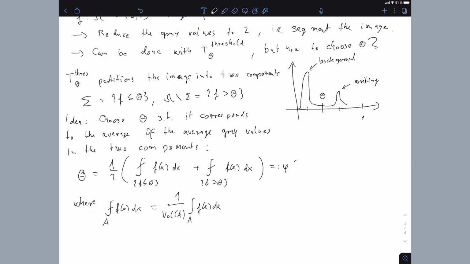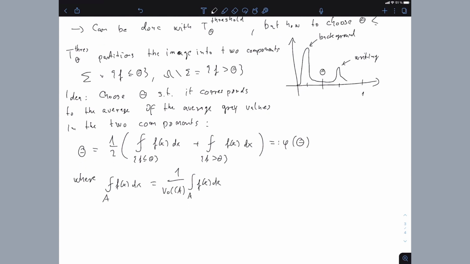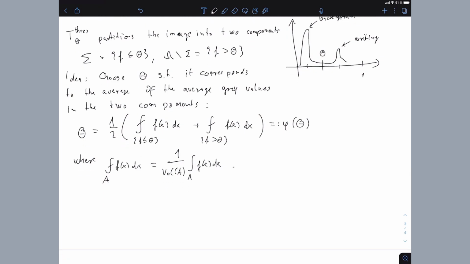But let's call this a function phi, because it depends on theta, and we call this phi of theta. One technical detail I still need to mention: of course, you can't really take an average value over an area of volume 0, so in that case it doesn't make sense to normalize. So we need to specify this separately.